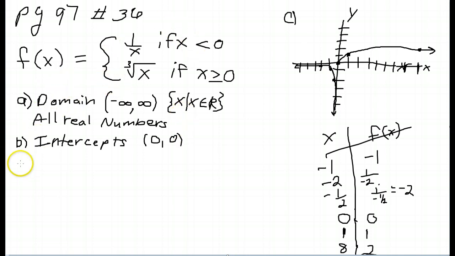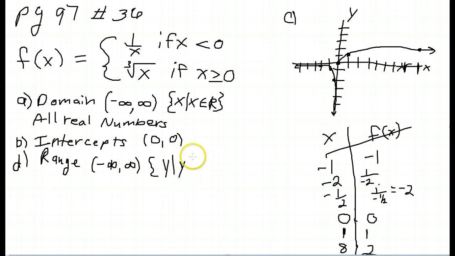So getting over here, part D, the range goes from negative infinity to positive infinity. If you want to use set builder notation, we say we have a function where y is our range and y is an element of the reals. That means all real numbers. Or we could just write out the words, all real numbers.